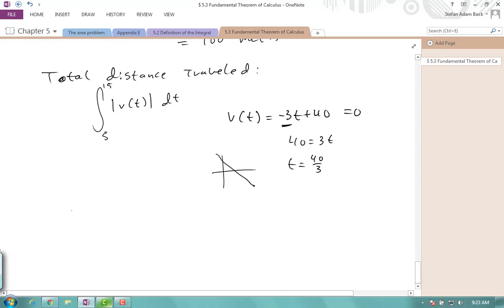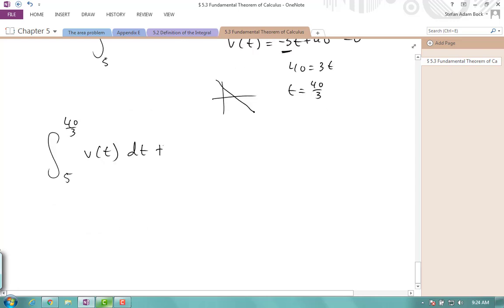So when I do the absolute value thing, I should do the integral from 5 until 40 divided by 3 of regular v of t, because it's positive there. Plus, I have to take care of the rest of the integral, and I could do two things.